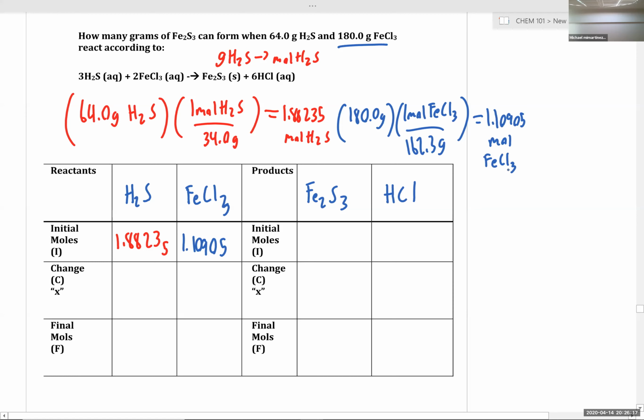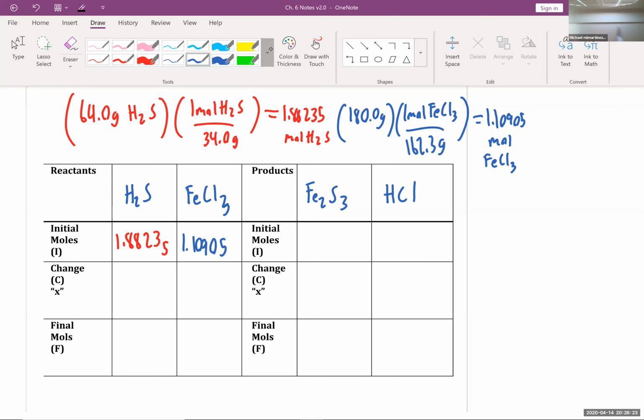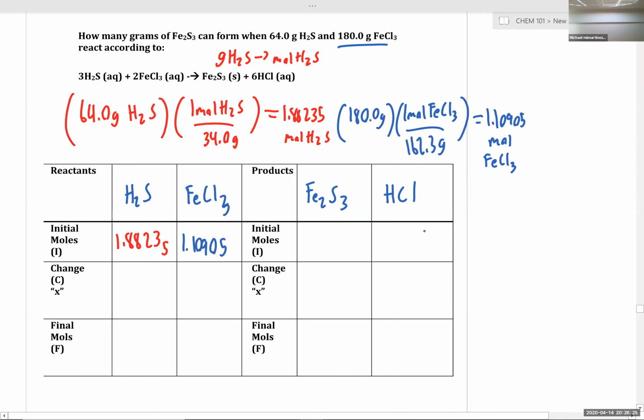Okay, now at the start of our reaction, let's think about this really carefully. At the start of our reaction, will there be any moles of product? Are we starting with any moles of product? Have I given you any mass or moles of product at the start of our reaction?